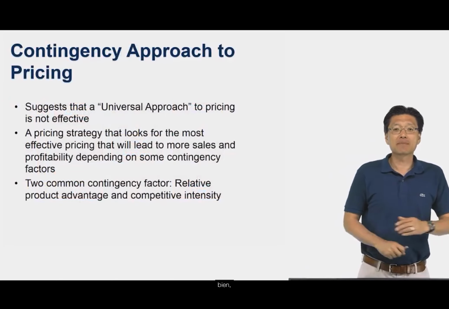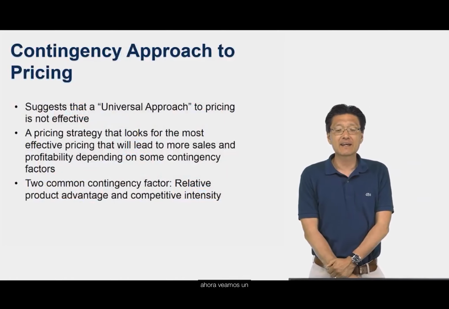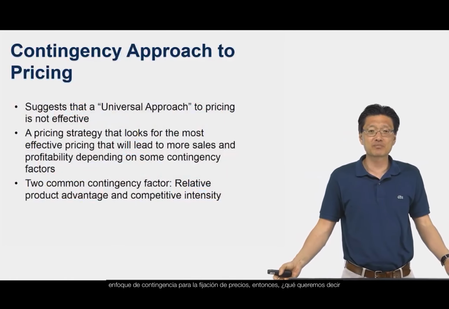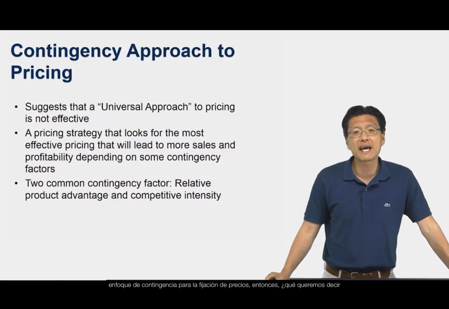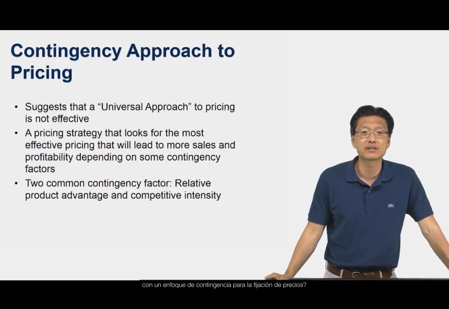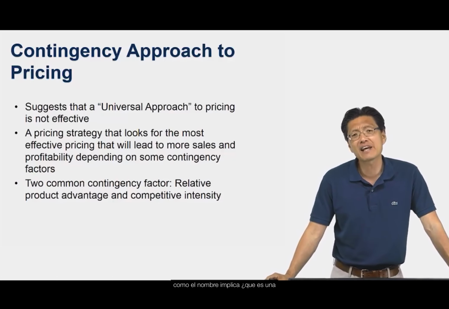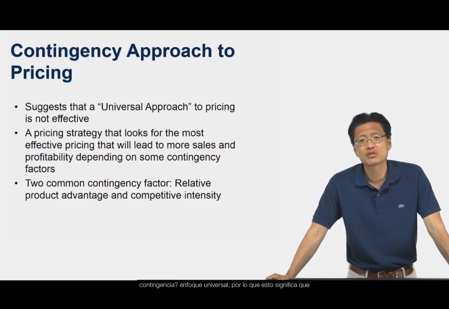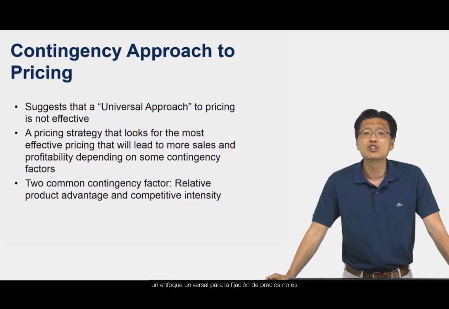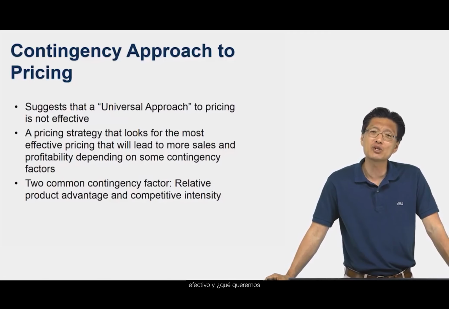Okay, let's now look at a contingency approach to pricing. What do we mean by a contingency approach to pricing? Well, as the name implies, it's a contingency approach. This means that a universal approach to pricing is not effective. And what do we mean by a universal approach to pricing?